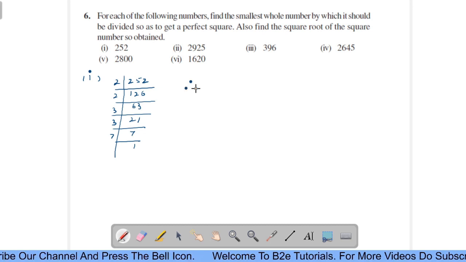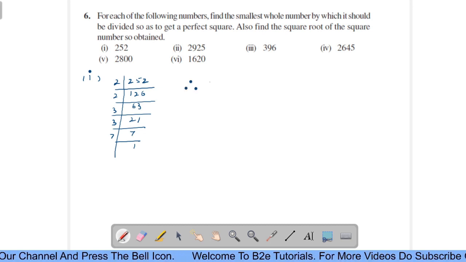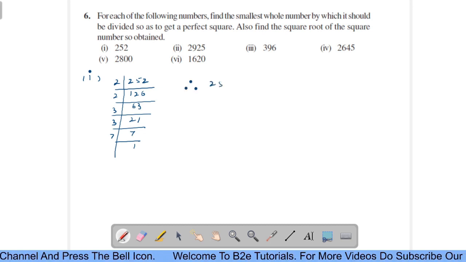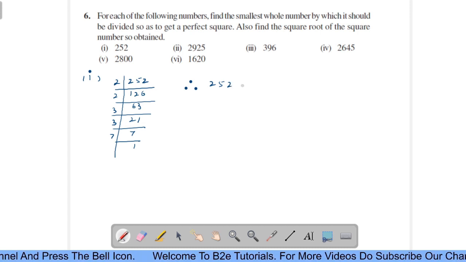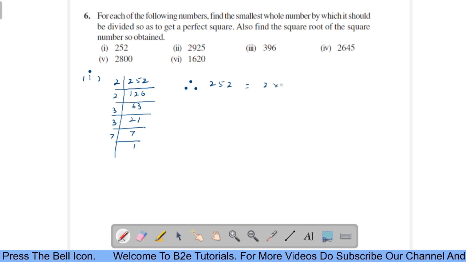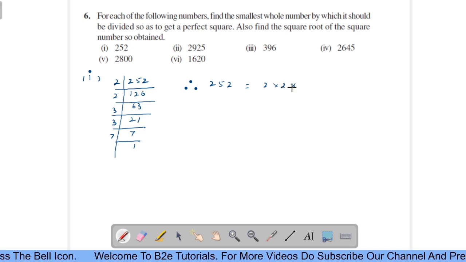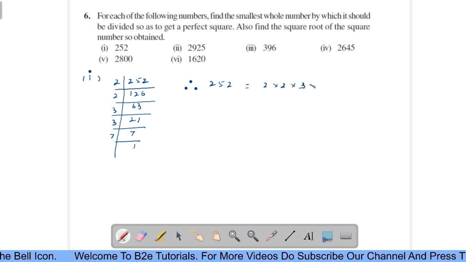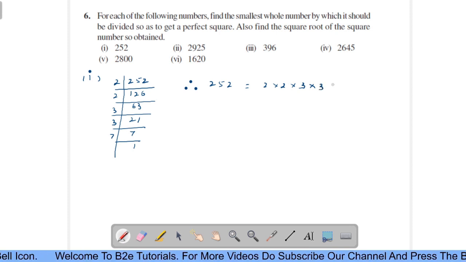Therefore 252 can be written as 2 into 2 into 3 into 3 into 7.